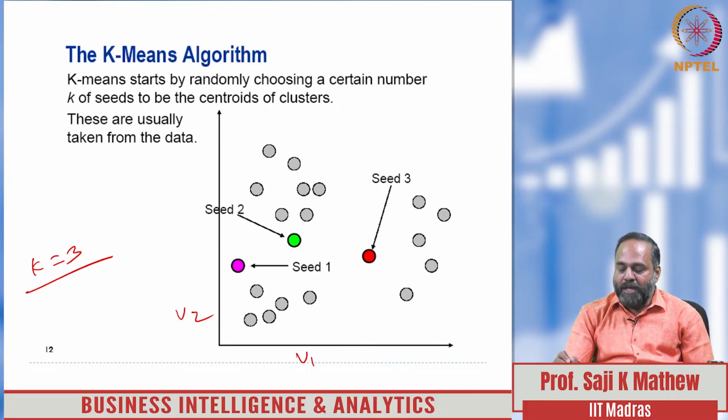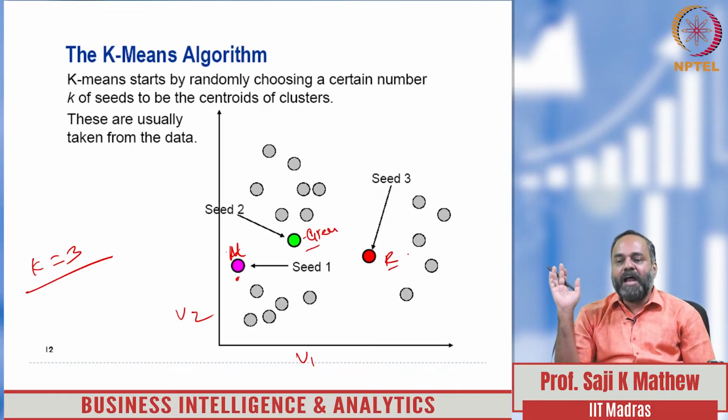And which are my assumed starting points? There is one point here. What is this color? Magenta, and this is blue or green. This is a green, red, let me call it M, G, R. These are random MGR, random seeds, in the Euclidean space.